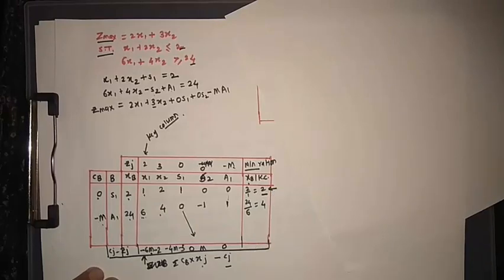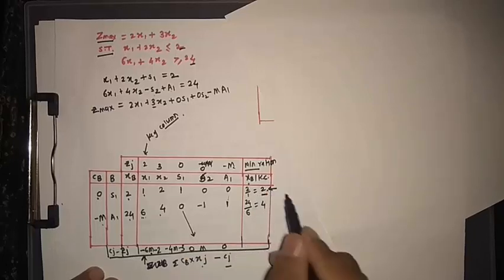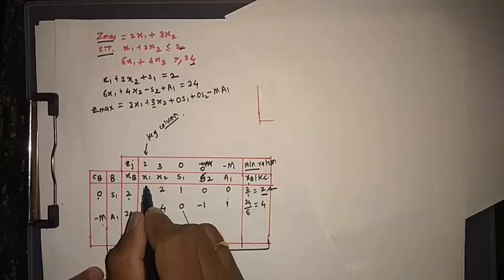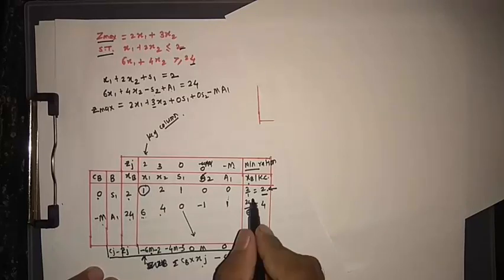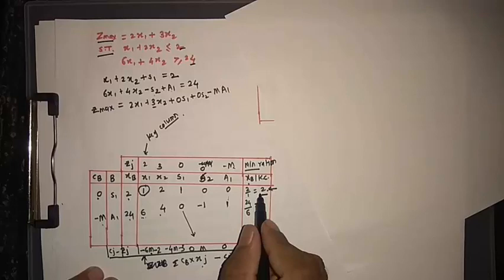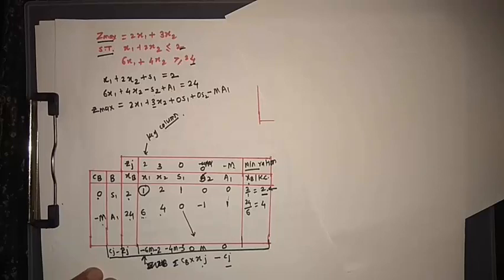So the basics of finding the key column and key row are completed. This is the key row and this is the key column. The key element is the intersection of the key column and key row, which is 1. So this is the first iteration.